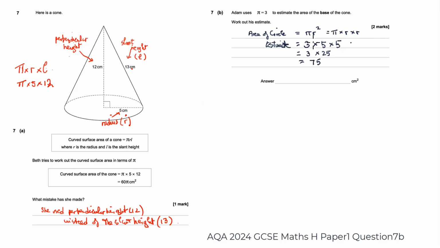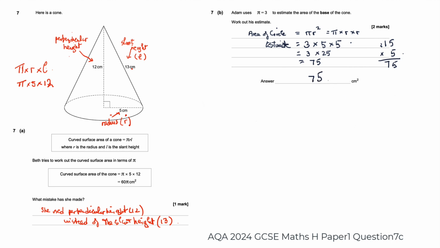Another way of doing it, 3 5s are 15. 15 times 5, you could do the multiplications if you need. 5 5s 25, 2 to carry, 5 1s are 5, plus 2, 7. So 75, whether it's 3 lots of 25 or 15 lots of 5. So the answer, 75 square centimetres.